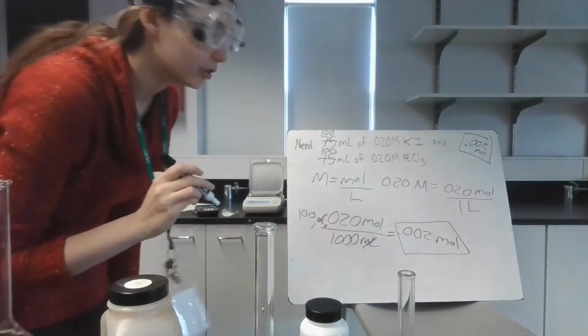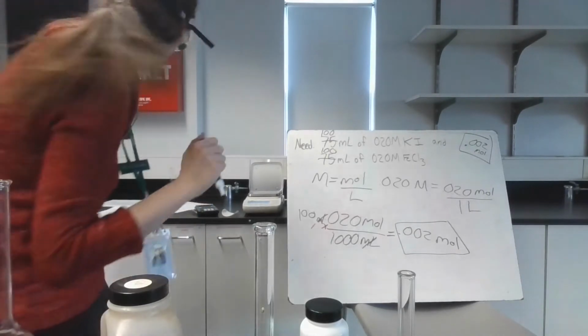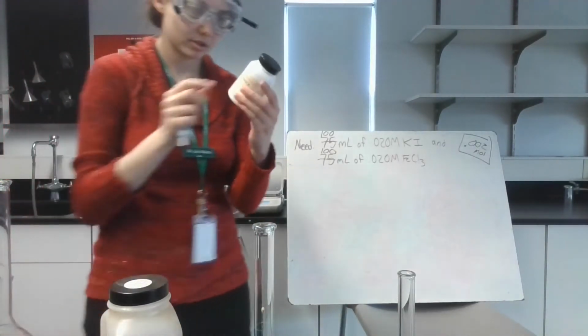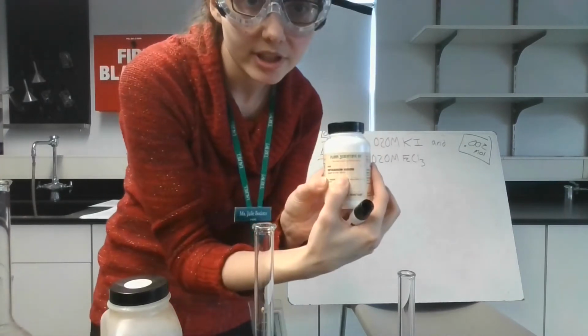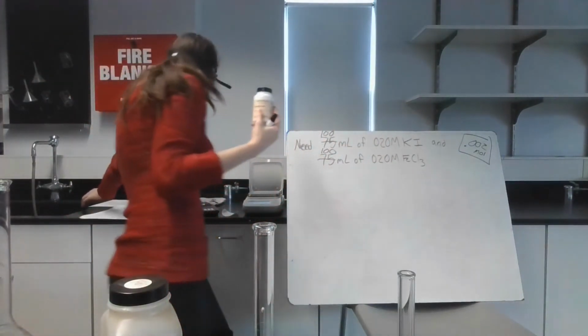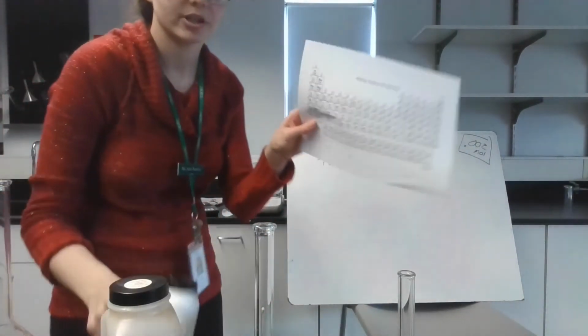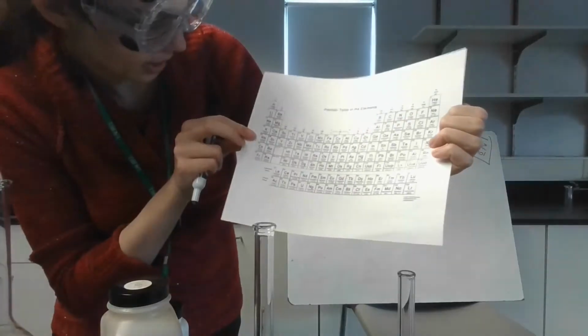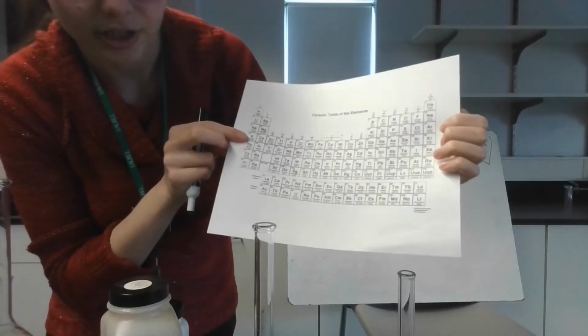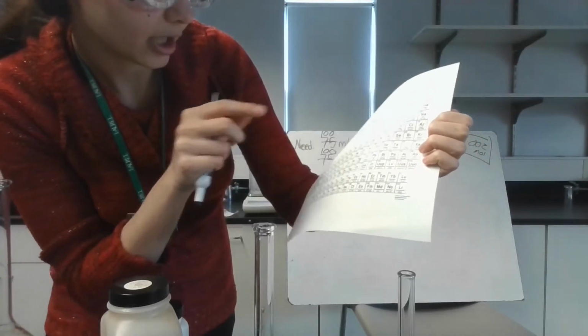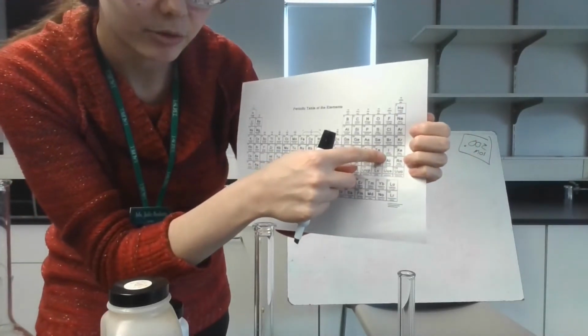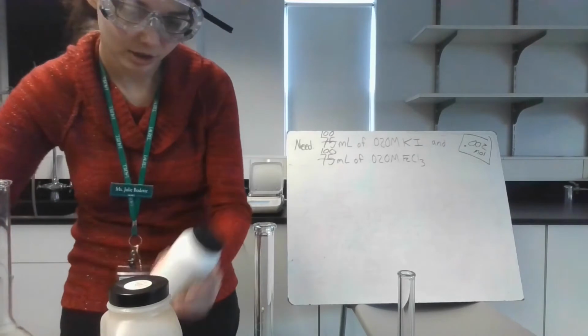And then I'm going to calculate how many grams I need of each one. KI, if I look this up, is 166.01, or if you want your handy periodic table, potassium is like 39.098, iodine is like 126.904, so those should add up to the same thing.